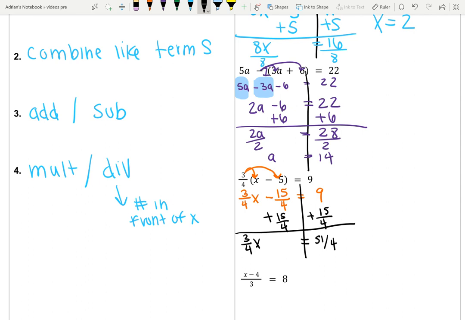And now I'm going to divide both sides by 3/4. So divide by 3/4, divide by 3/4, because that's the number that's in front of x. And when you do that, you should get 17. So don't let fractions scare you. Just go to your calculator.